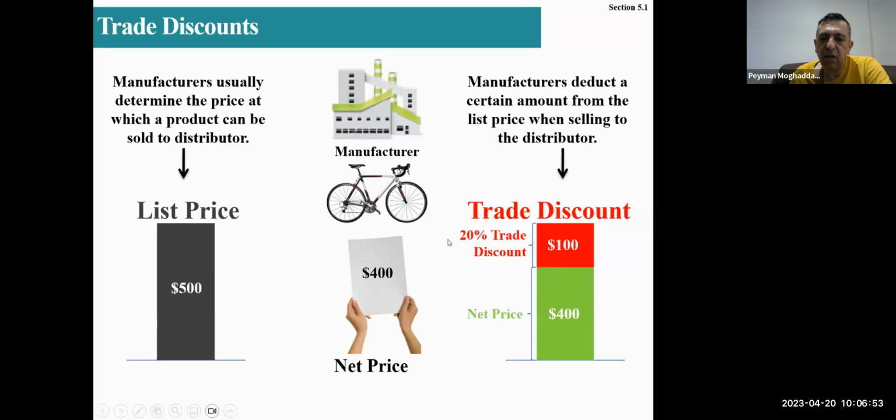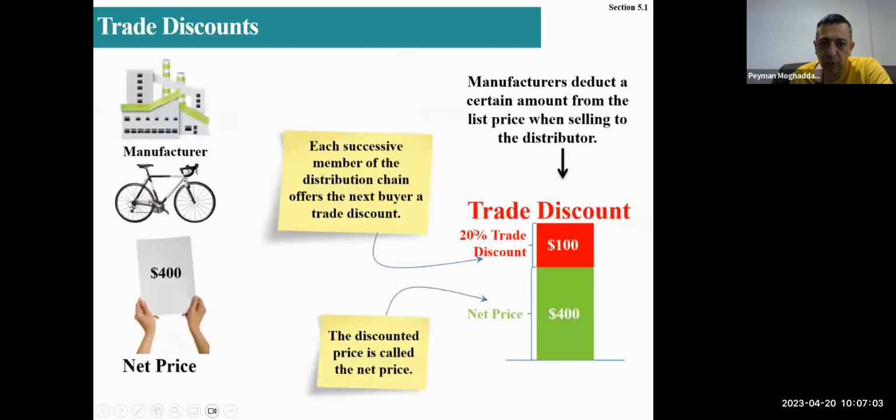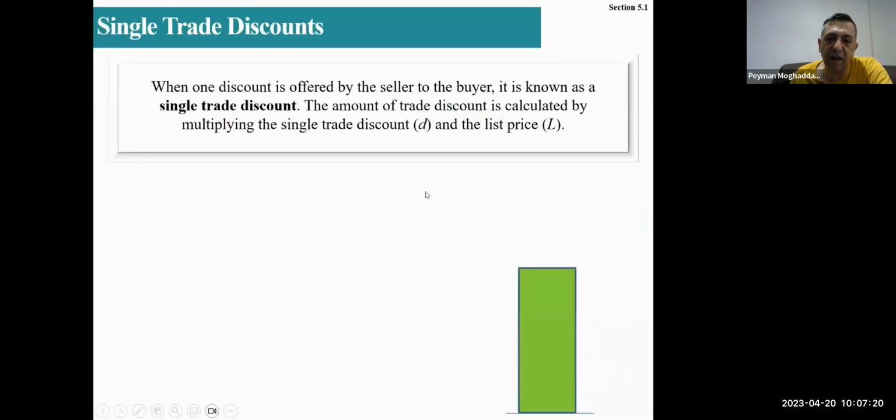We can describe it as a percentage or as a value. As a percentage, it's the discount divided by the list price, like 20%. So you have a 20% trade discount, or you can say a $100 trade discount.